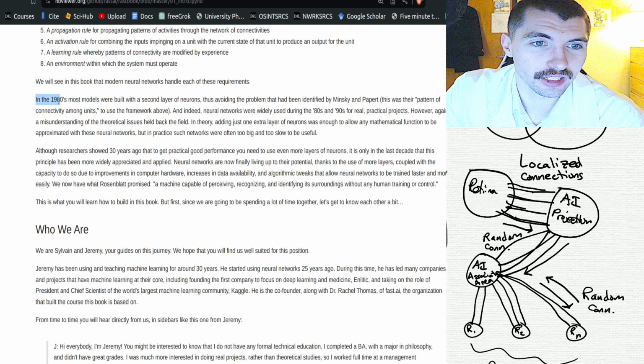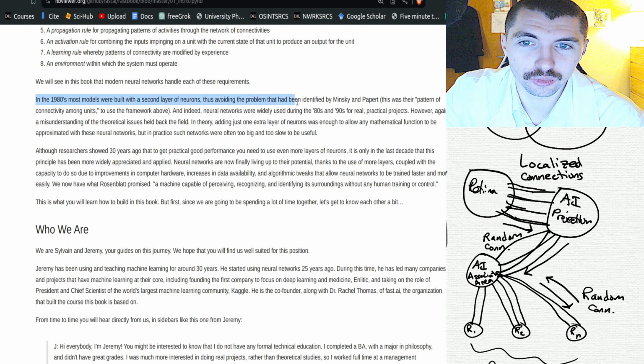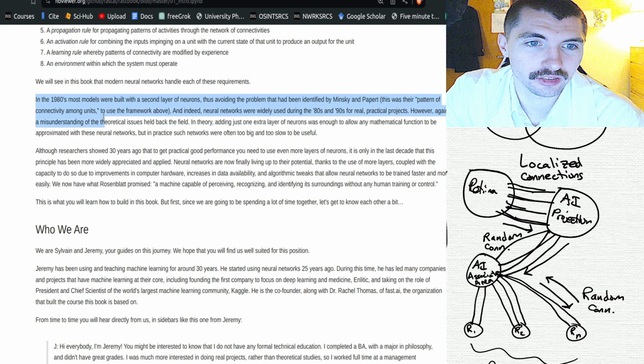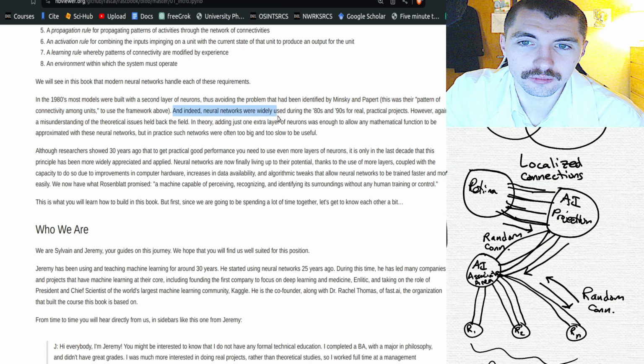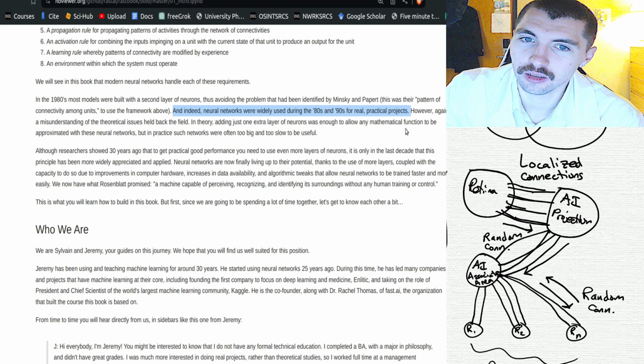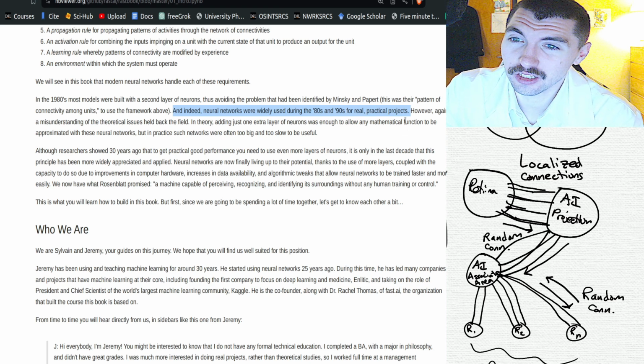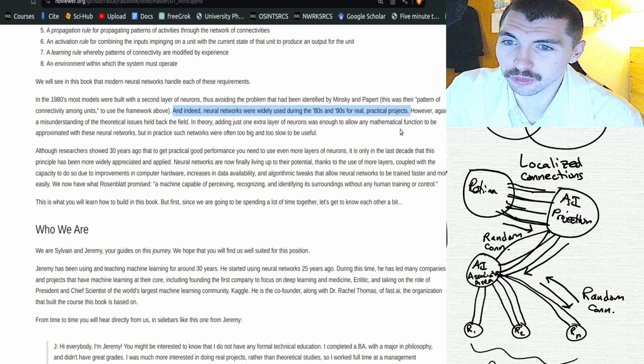So in the 1980s, most models were built with a second layer, avoiding a problem that was identified by Minsky and Papert. This was their pattern of connectivity among units. So 80s and 90s neural networks, I think of like the AI winter around the 80s and 90s, but they're actually getting real practical projects during that time.